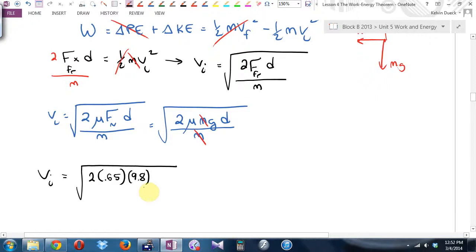D, how long did I say the skid marks were? I've scrolled down. What did I say? 49? Oh, I don't need to divide by anything. Looks like the minimum speed is the square root of 2 times mu times g times d.